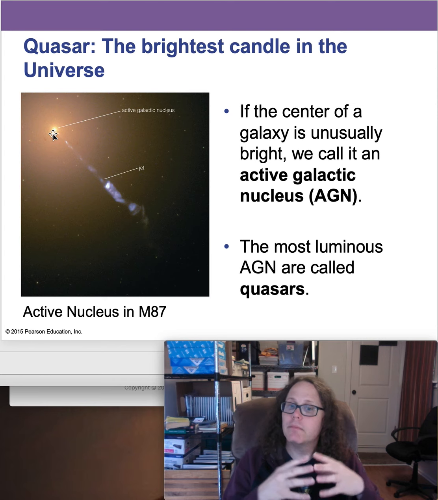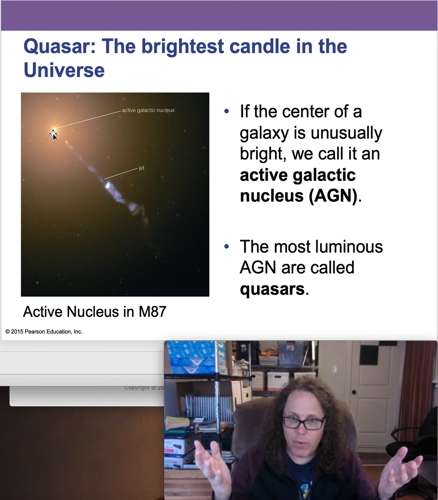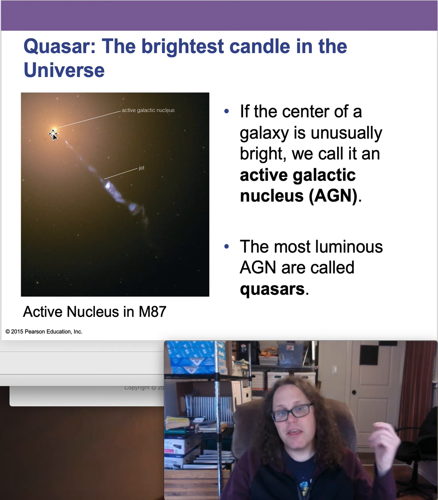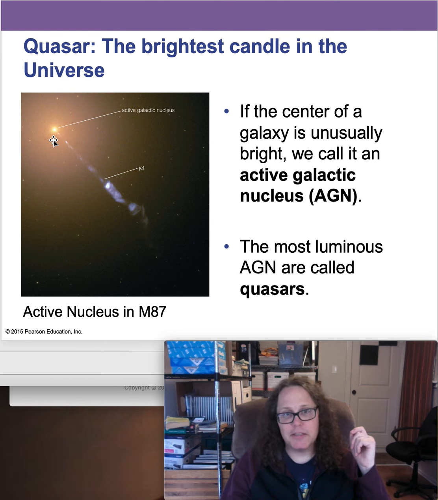Sagittarius A star, the black hole at the center of the Milky Way, remember, is 4 million times the mass of our sun. This one, the one in the center of M87, is more like 6 billion times the mass of our sun. So it's over 10 times the mass of Sagittarius A star.